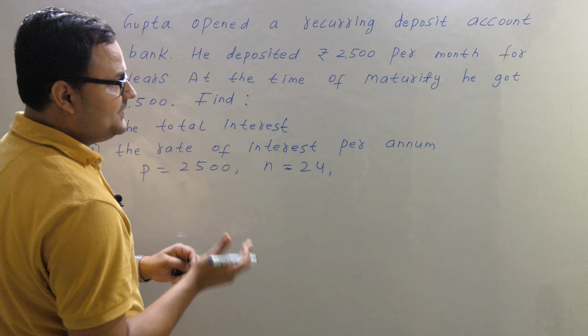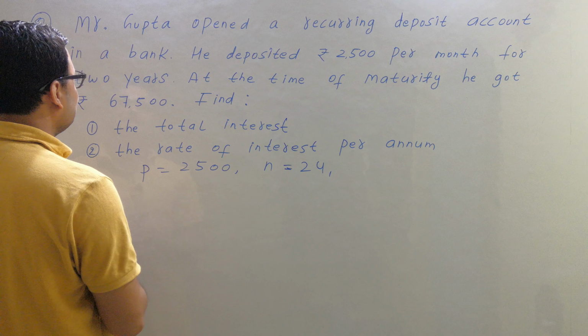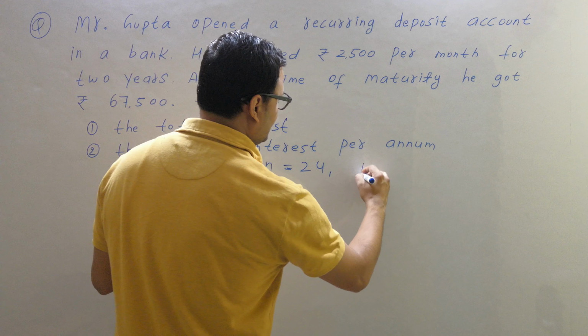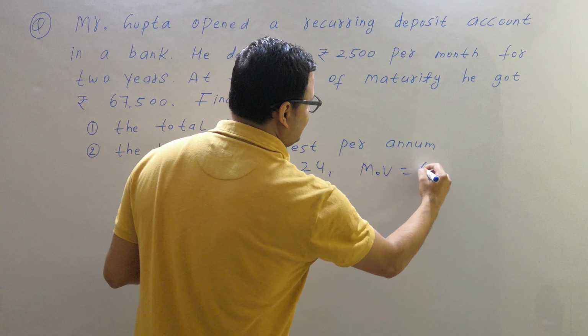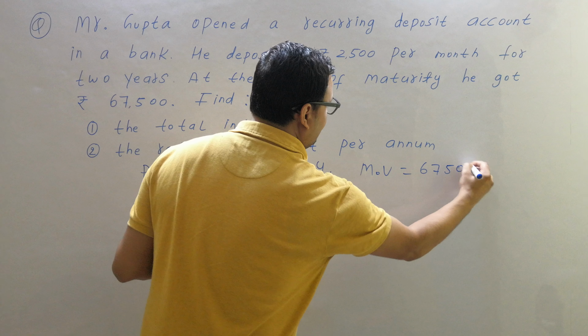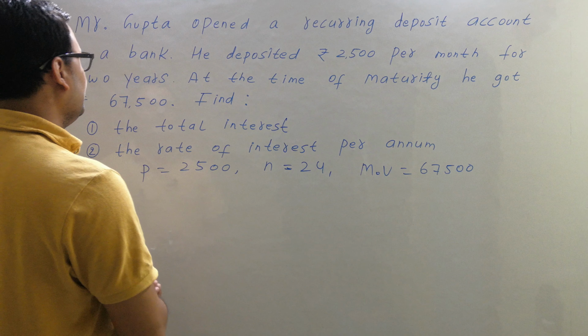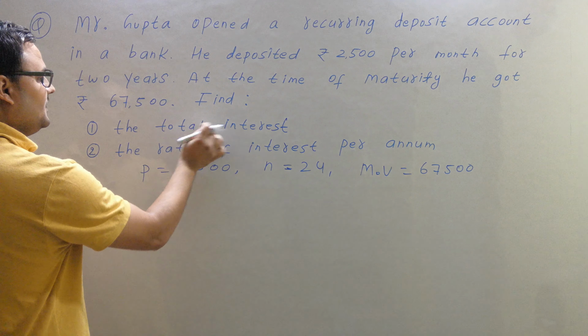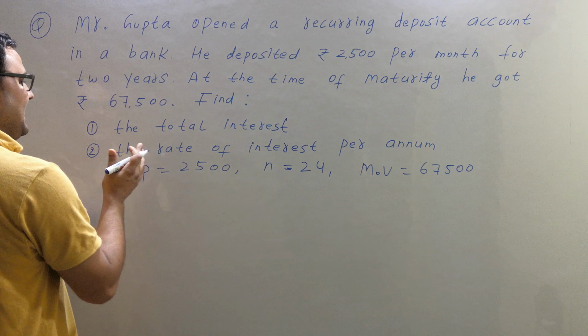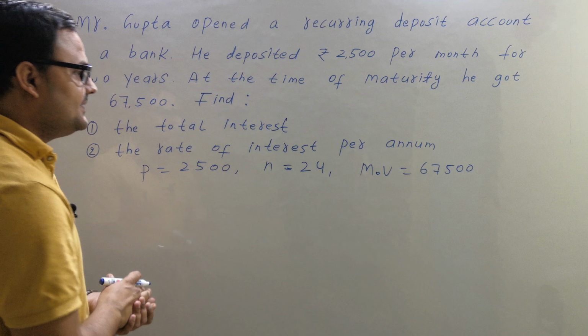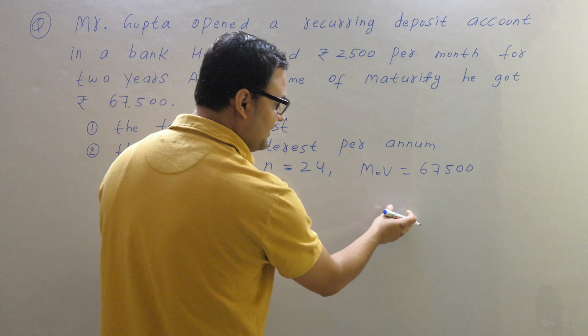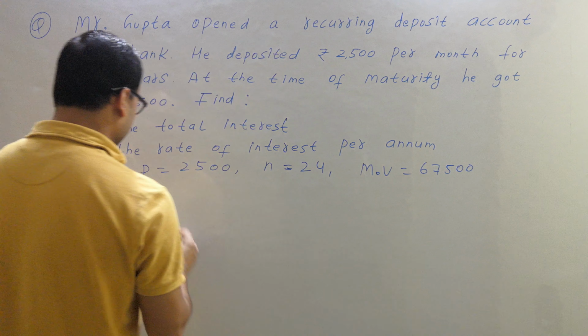At the time of maturity, he got rupees 67,500. So 67,500 is the maturity value. Now we have to find the total interest, that's the first question, and the second one, the rate of interest per annum. So we'll do one by one. MV is given.